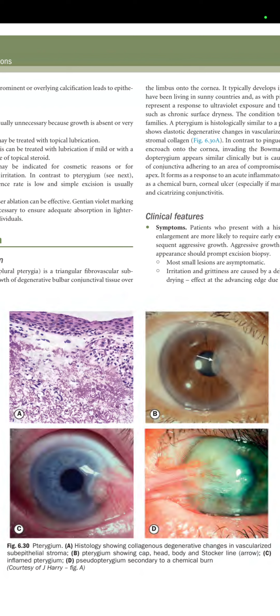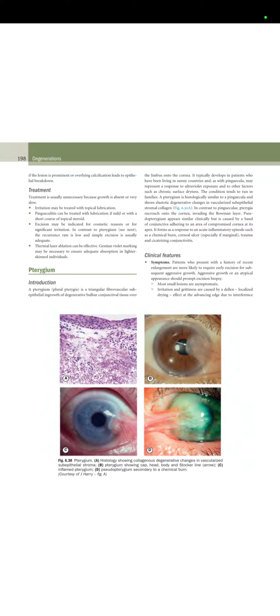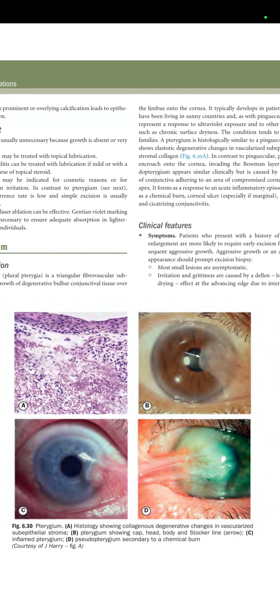So Stocker's line is shown by the arrow, which is basically the iron deposition in the epithelium before the head of the pterygium. So we know that a pterygium has some parts, we will discuss it later. C is showing the inflamed pterygium and D is showing the pseudopterygium secondary to a chemical burn.